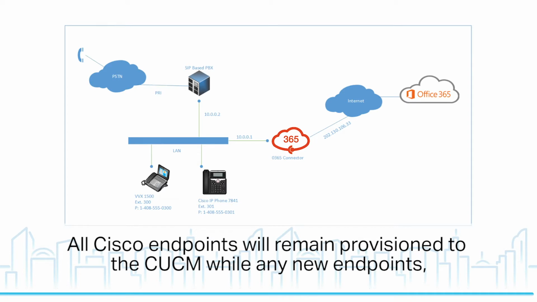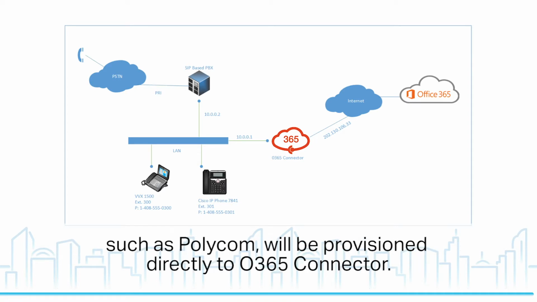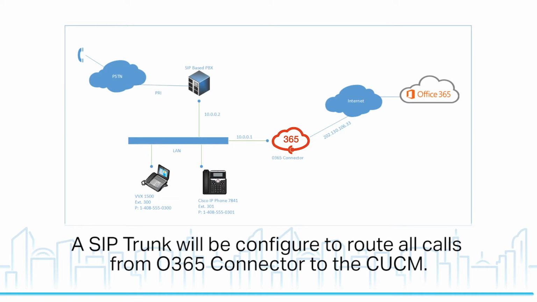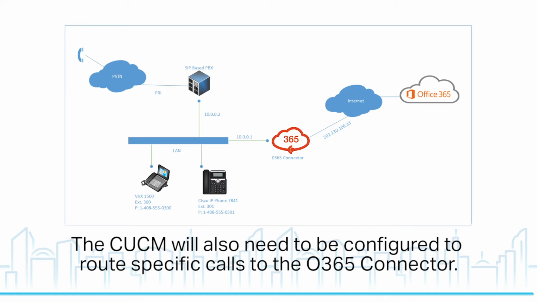All Cisco endpoints will remain provisioned to the CUCM, while any new endpoints, such as Polycom, will be provisioned directly to the O365 connector. A SIP trunk will be configured to route all calls from the O365 connector to the CUCM. The CUCM will also need to be configured to route specific calls to the O365 connector.